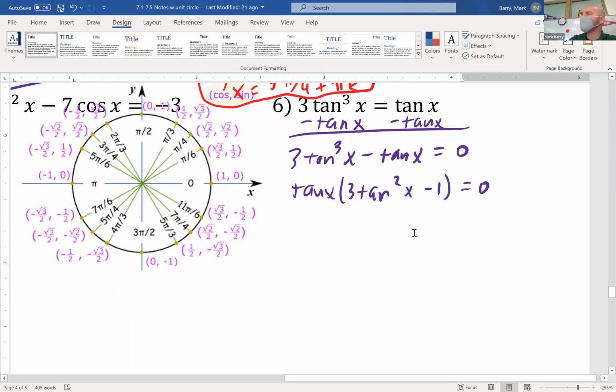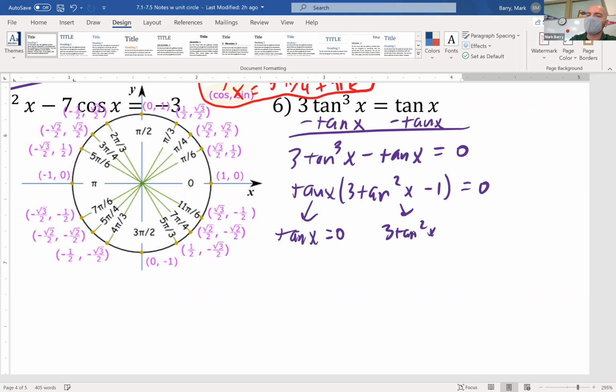All right, next step, I would split these up, set them equal to 0. So this one would say tan x equals 0. This one would say 3 tan squared x minus 1 equals 0.